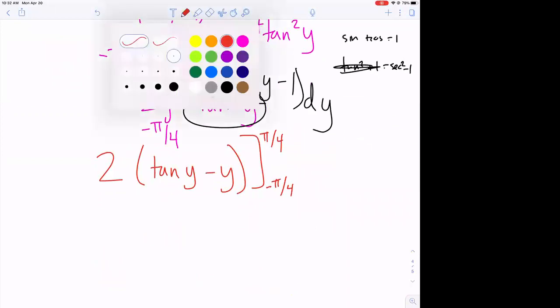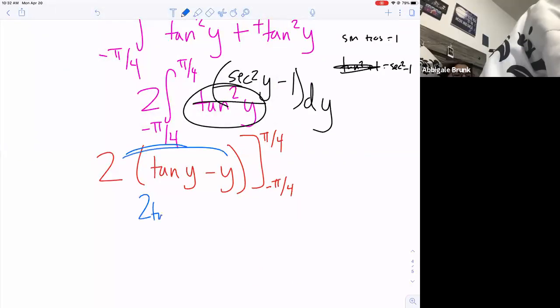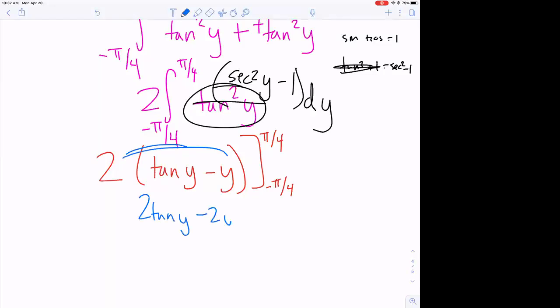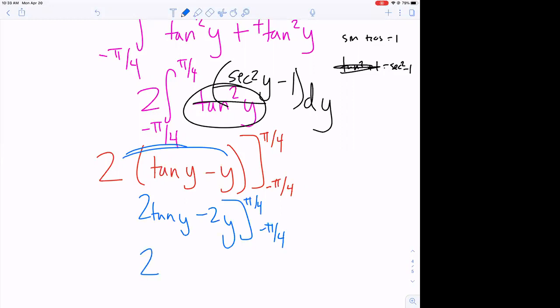Actually, you know, I said we're not going to finish it, but it just begs to be finished. 2 tan y minus 2y from pi over 4 to negative pi over 4. This is actually not as bad as you think, because what's tan of pi over 4? 1. Yeah. So it's 2 minus 2 times pi over 4.